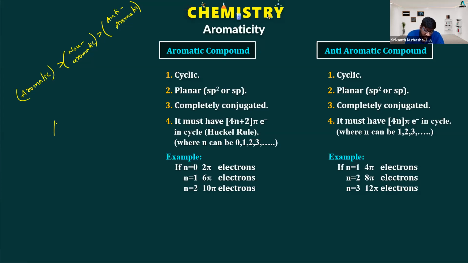I'll apply this concept to one example now, to compare the basic nature here. Among these two compounds, which should be more basic? First, check out the lone pair of electrons on nitrogen. The lone pair of electrons on nitrogen were in resonance, in delocalization.